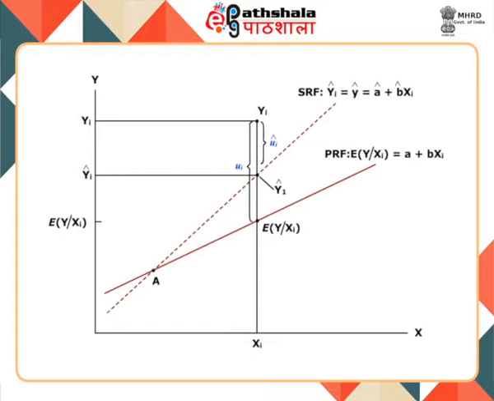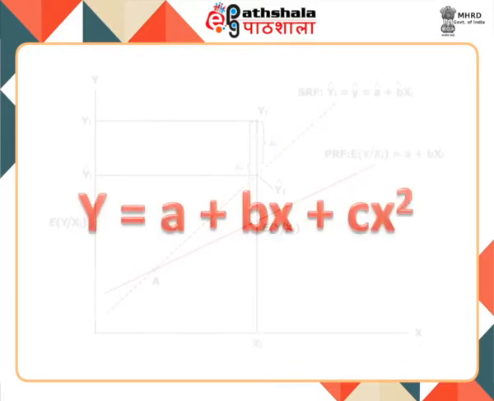This is nonlinear relationship. In such cases, if the data are plotted on a graph paper, we will not get a straight line. We may have a relationship representing it which may be of the form y equals a plus bx plus cx to the power 2.